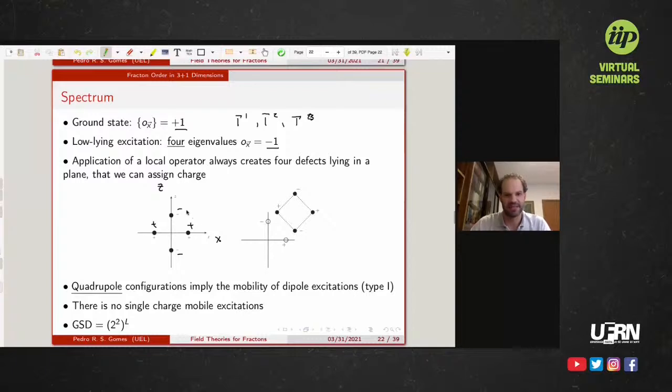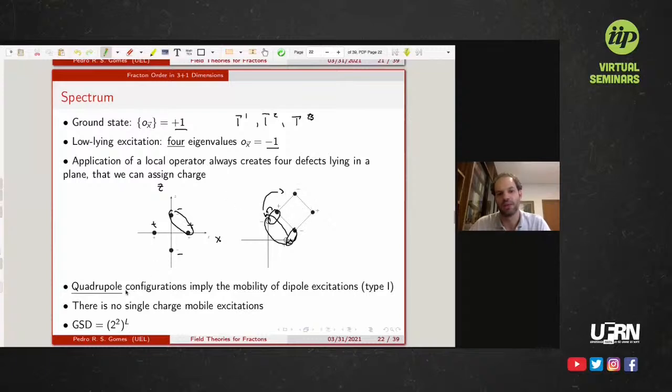So let's understand this. Imagine we consider, for example, this dipole. Let's represent it here, and then we create a quadrupole configuration here, precisely above this one, in such a way that these two charges and these two charges will annihilate each other, and the global effect is that the dipole jumps to this position.